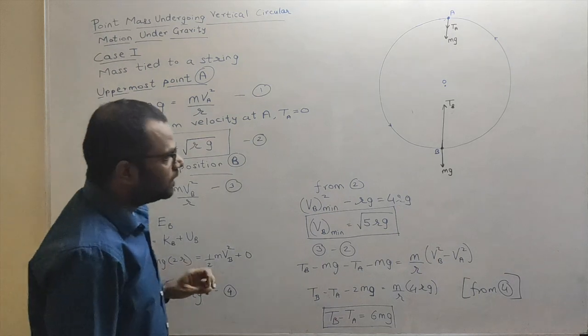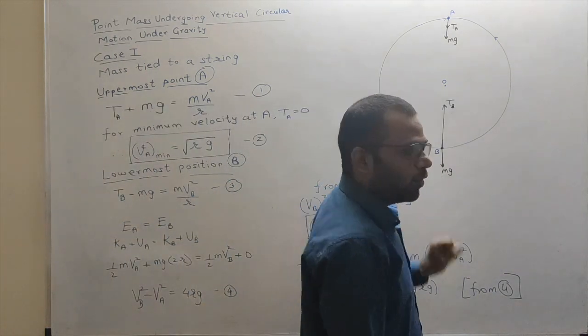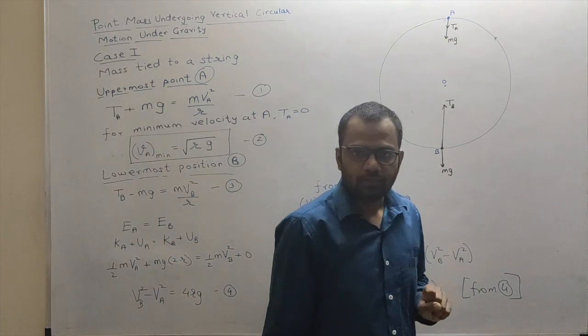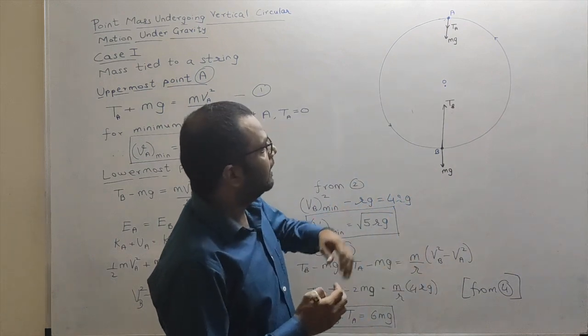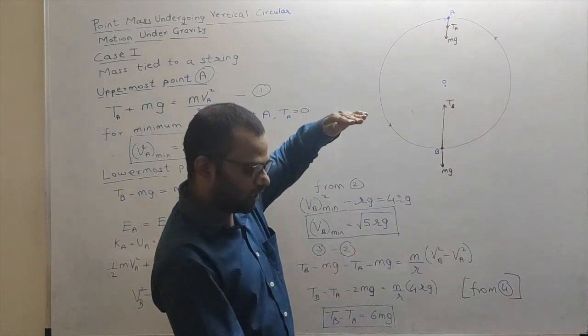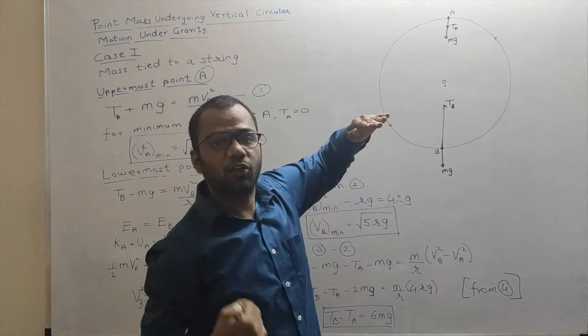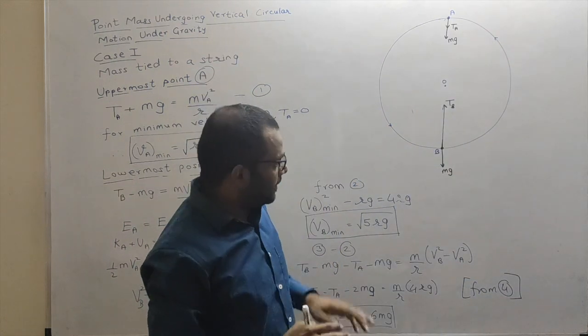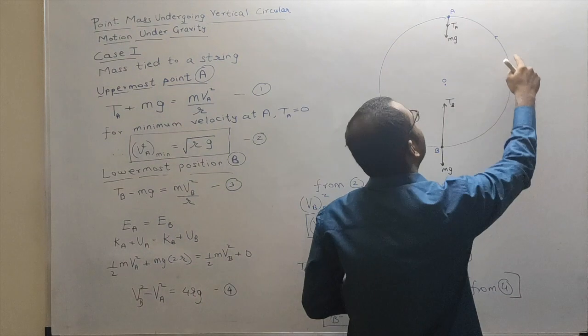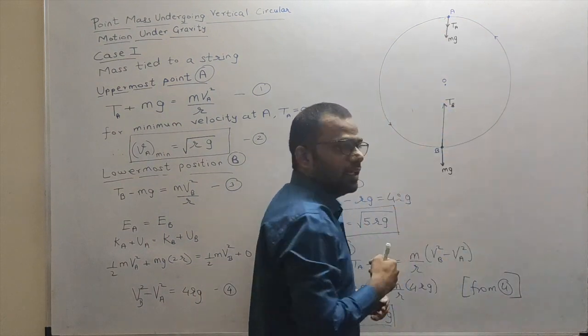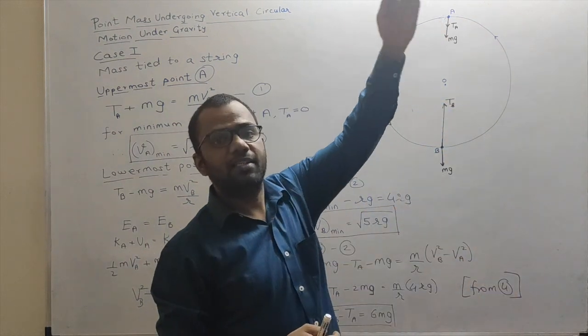Now let us find out the minimum velocity at point B. As we had discussed earlier, there should be some minimum velocity at point B in order for it to perform vertical circular motion. Fine. And this velocity will go on decreasing as it moves in the upward sense.